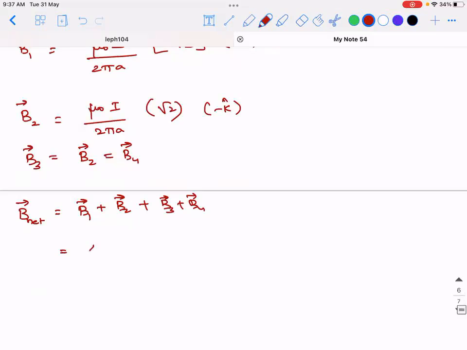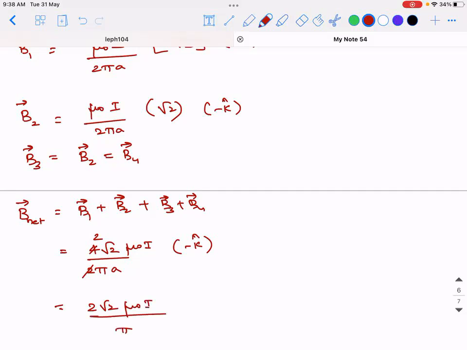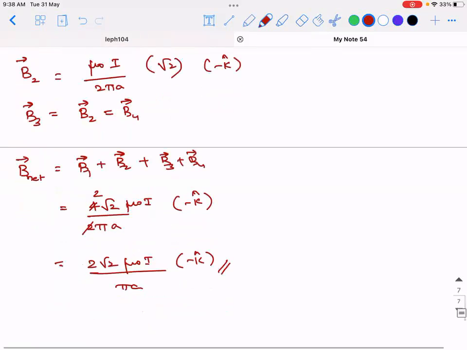How much will the answer be? 4 times root 2 divided by 2 pi a into I. Sorry, mu naught I, which is minus k cap. Now this 2 and this will get cancelled. It will be 2 root 2 times mu naught I divided by pi a times minus k cap. No, 4 root 2 is there.